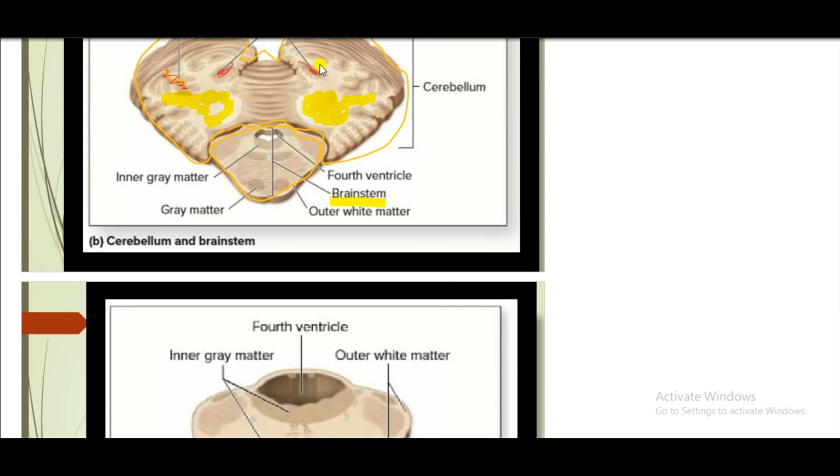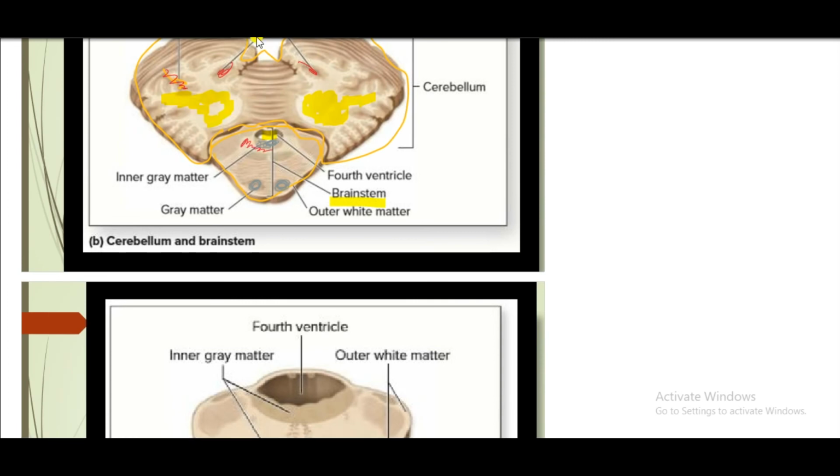Okay, if you look into the brainstem, you can see the fourth ventricle here and the arrangement of gray matter. This is going to be outer gray matter and the inner gray matter.